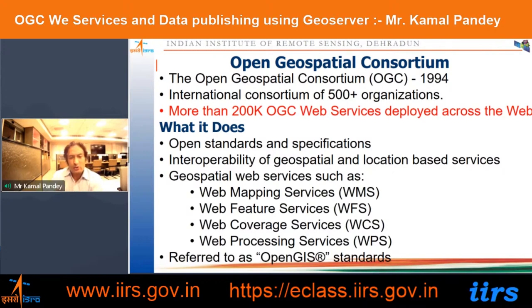We can have those web processes implemented in Python, R programming language, Java also, but very popular is R. Many people are using it because of the ease of use. It is very simple to create a web process in R programming language. Try to explore that, or we will see if we can cover that part also. These all are referred to as Open GIS standards.